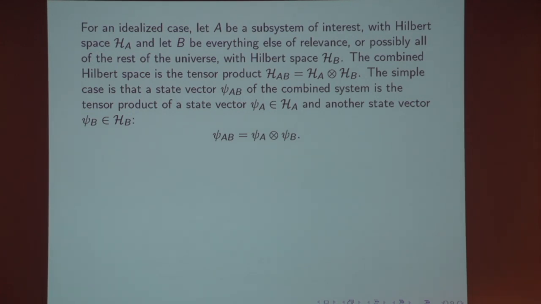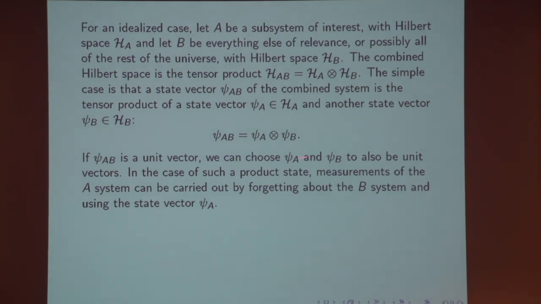Well, things are simple if a state vector of the combined system is the tensor product of a state vector in H_A and one in H_B. In that case, one can assume that they all are unit vectors without any essential loss.